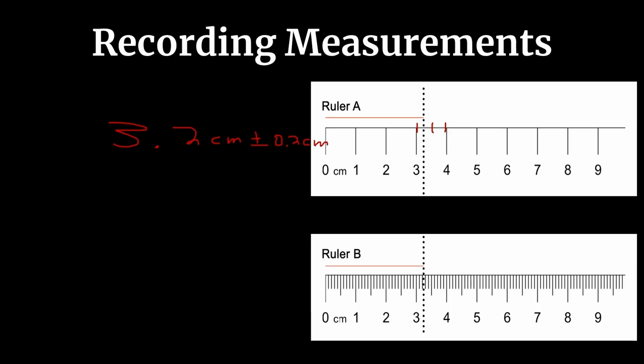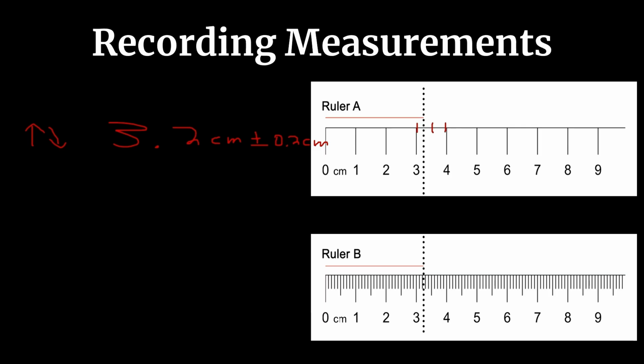The true value of this measurement then can actually be a little bit higher than 3.2 centimeters, or it can be a little bit lower than 3.2 centimeters within a margin of 0.2 centimeters on both sides. A reading of 3.3 centimeters, therefore, would still fall within this uncertainty range, so the difference is not a major issue.